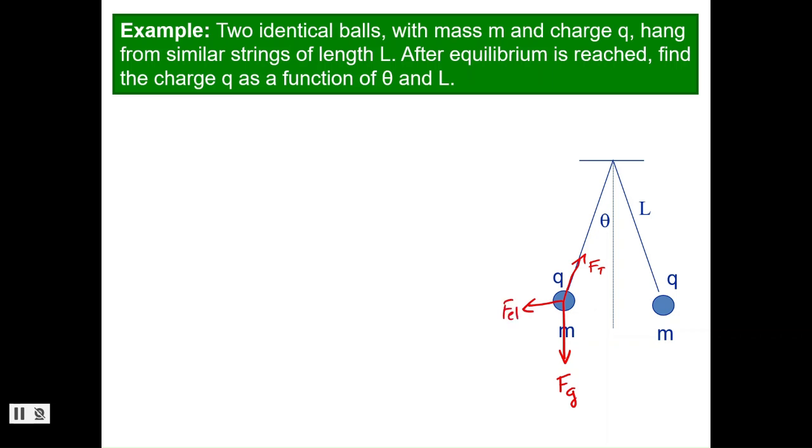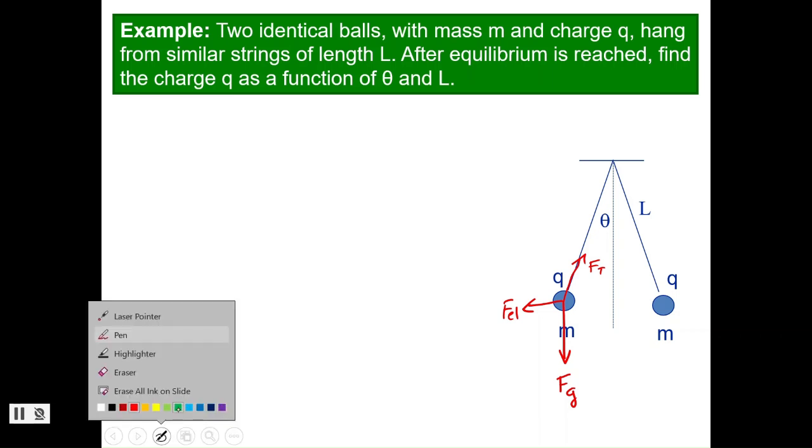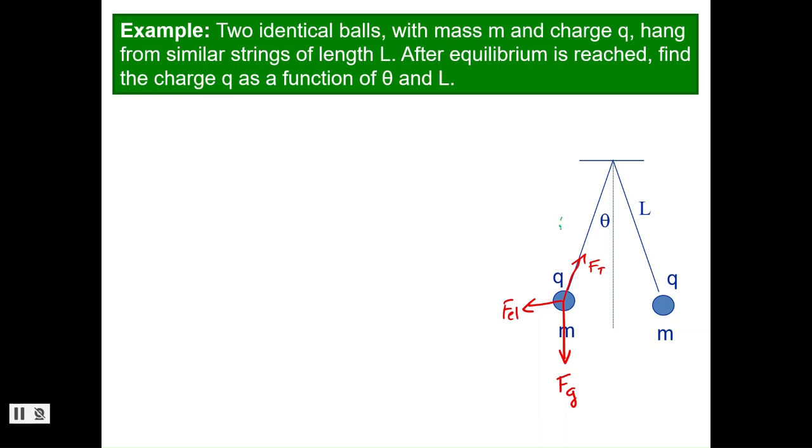to the left. So if I'm going to find the charge Q as a function of theta and L, I need to get an equation that doesn't have gravity, doesn't have electric force, doesn't have tension. So I'm going to need to start writing this out. But this is a two-dimensional problem, so I'm going to have to go ahead and set up some coordinate axes. And I notice that my tension is at an angle.